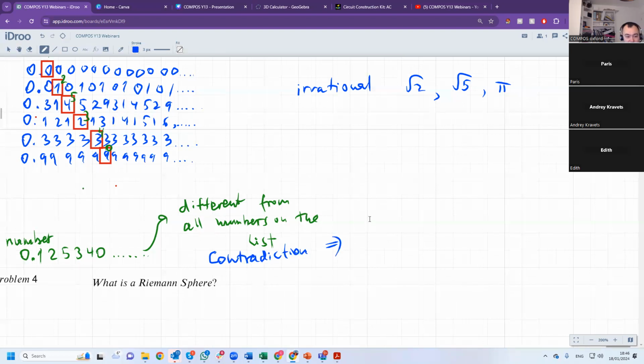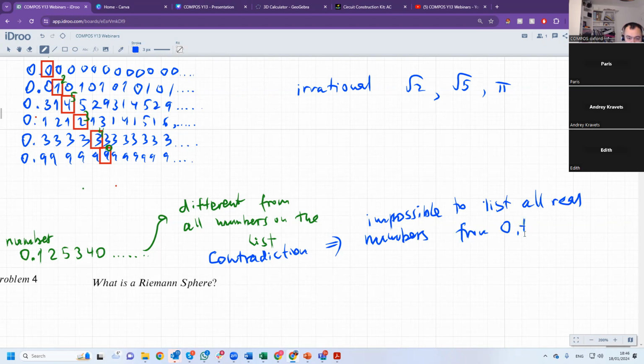Therefore, it is impossible to list all real numbers, numbers from 0 to 1, as you can always find a number not on the list.